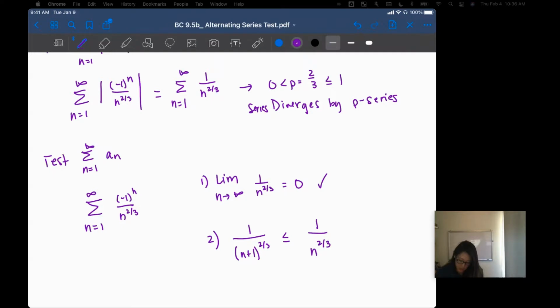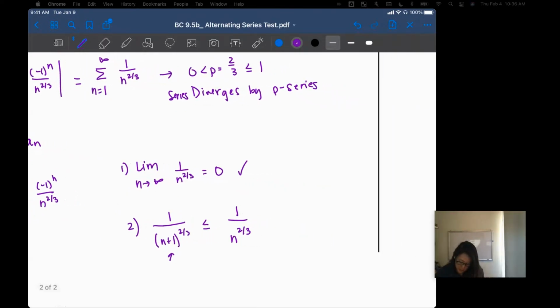And that's true because the denominator in the left fraction will be larger, which makes the fraction smaller. Okay, so we know that the second series, when it alternates, converges by alternating series test.